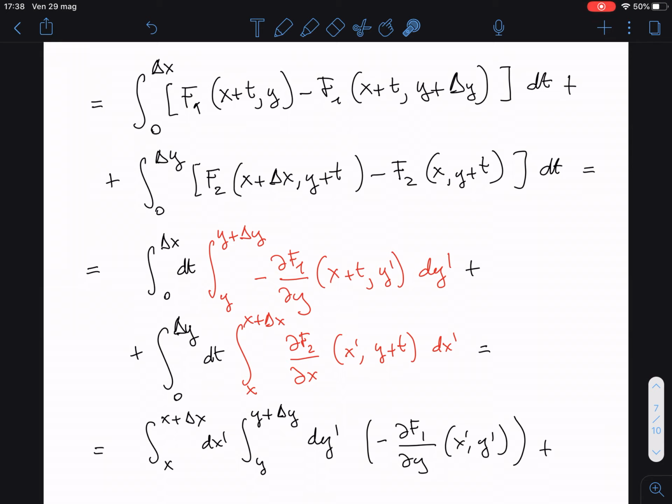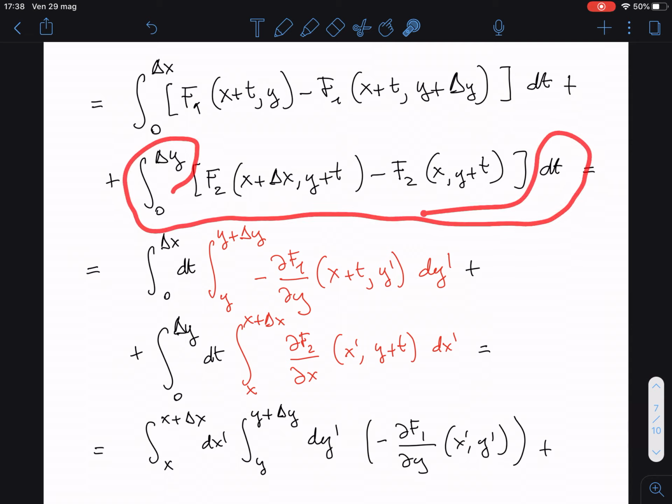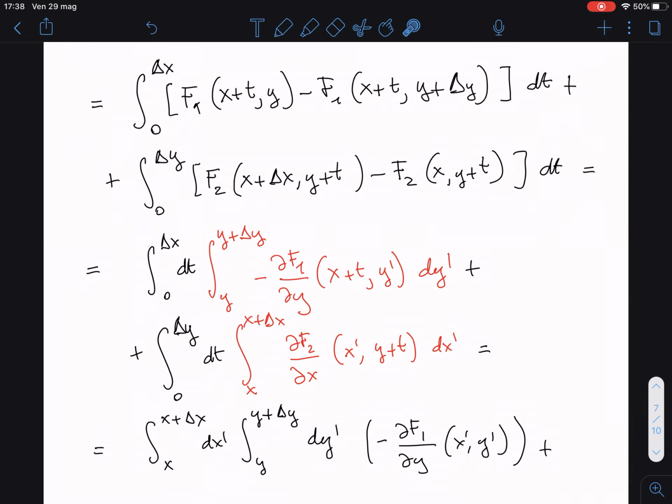Exactly the same procedure we apply to the second term. Okay, so the external integration again in dt does not change at all. And for what concerns the internal integration, we notice that here we have the same function f2 with the same second variable y plus t.